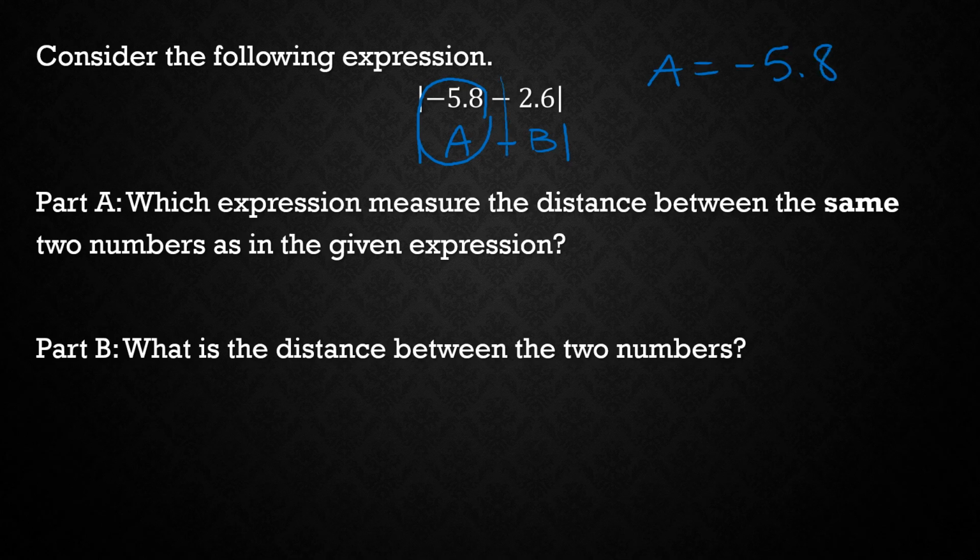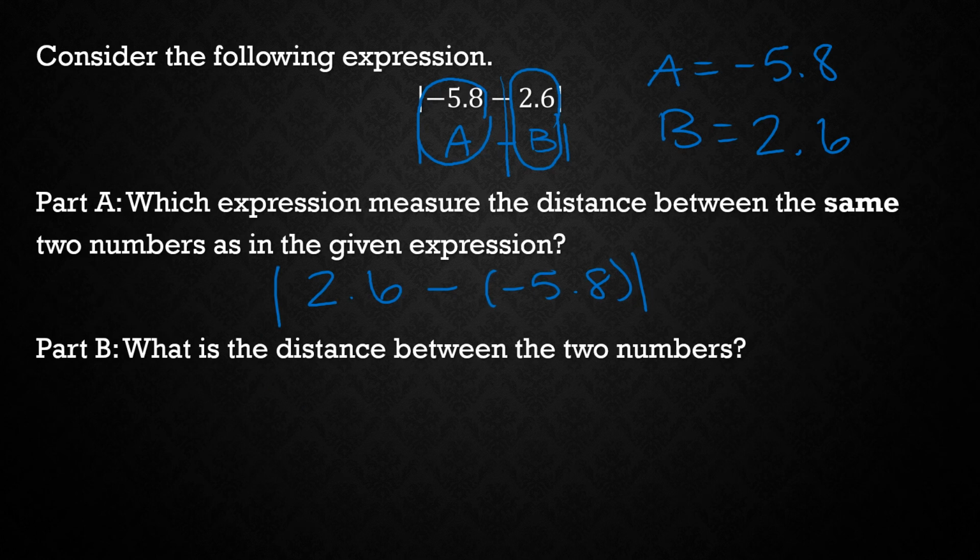These minus signs go away, and B is my second number, positive 2.6. So if I were to swap the order, I'd have the absolute value of 2.6 minus a negative 5.8.